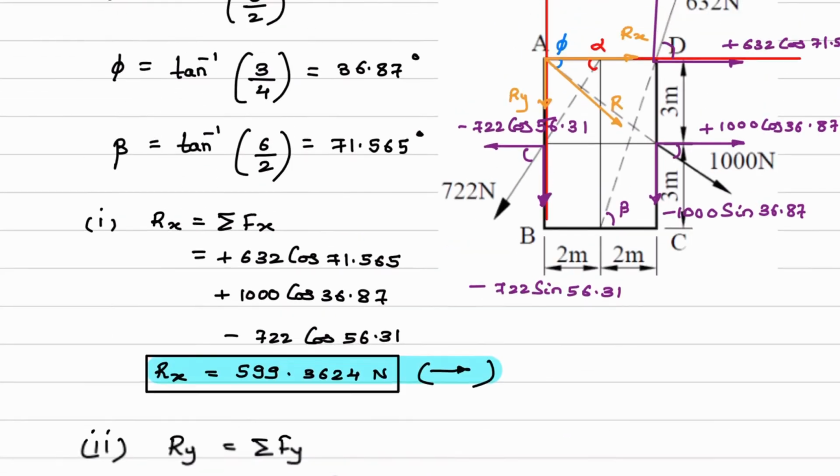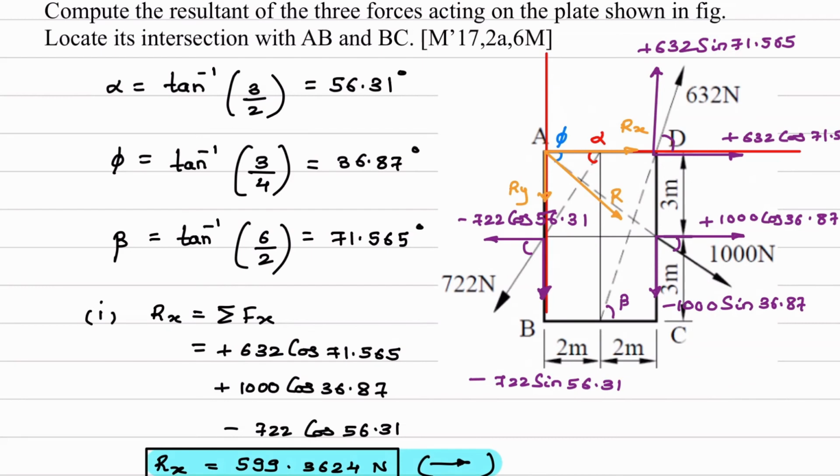Next moment, as we had already discussed, this part everything will become 0. Now if you resolve 722 Newton, this y component, a line of action is passing through point A. So moment of this force will be 0. So consider this horizontal force. Now keep your thumb at point A, keep your index finger at this location, rotate this force in the direction of arrow, it is clockwise.